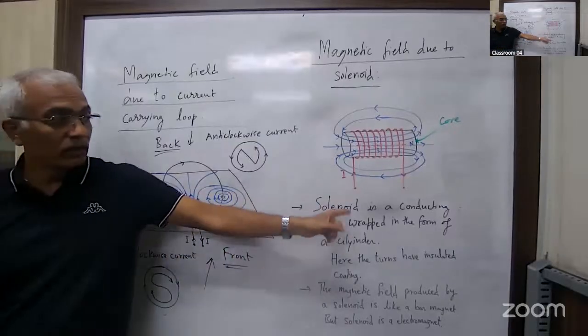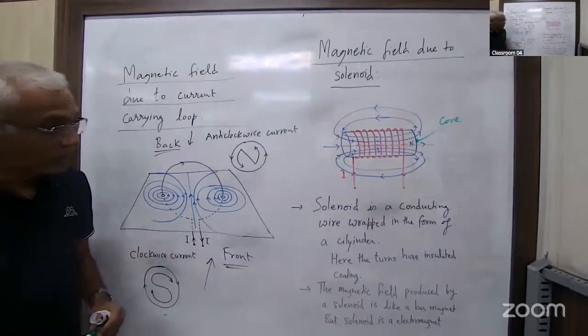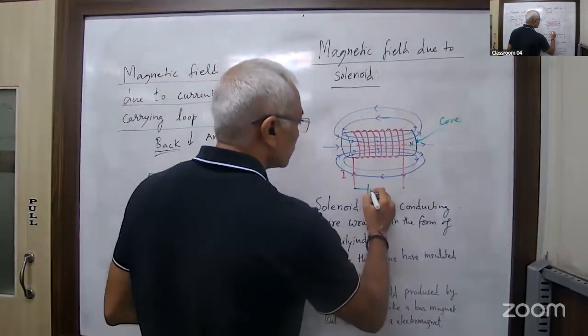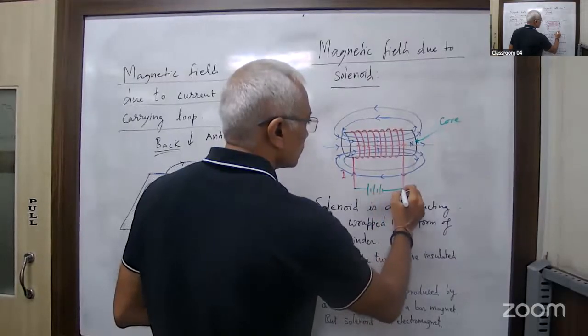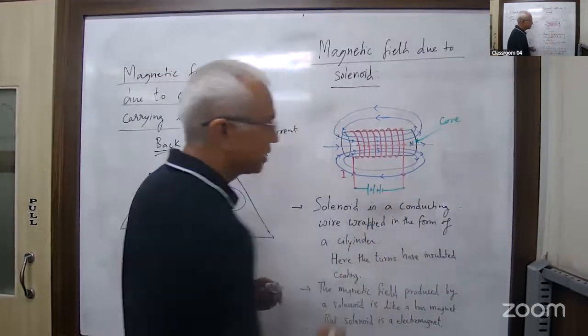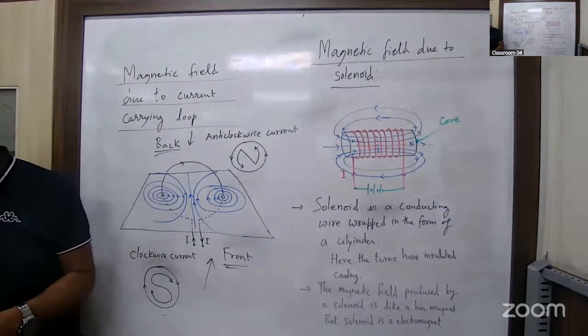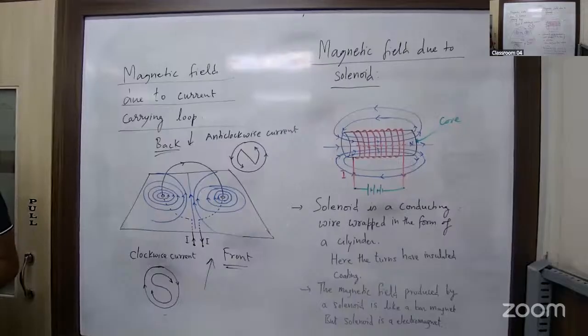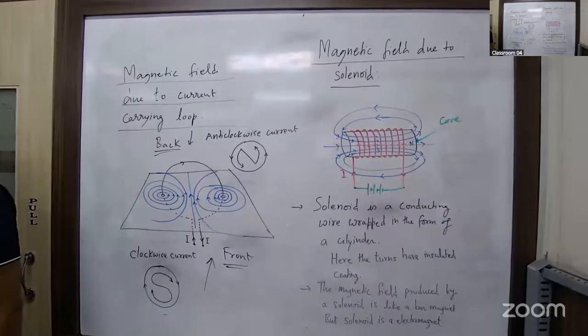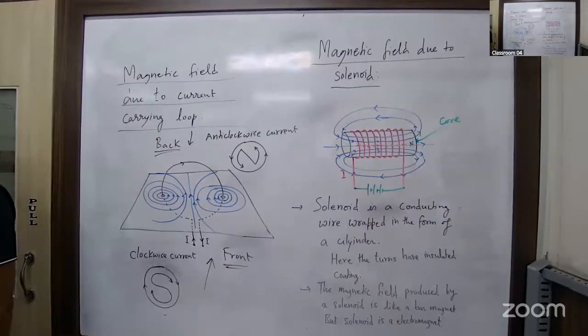There is an external supply. It will not touch, but if we insert a metallic core, the core will get magnetized and add its own magnetic field. It gets magnetized and creates its own field, and that will get added to the field due to the current.